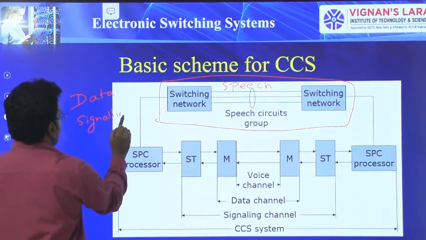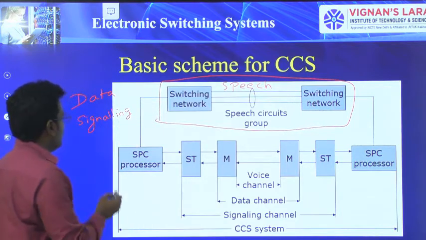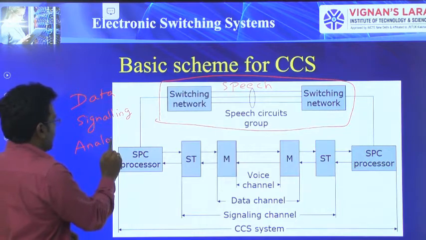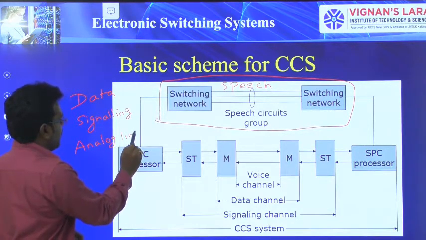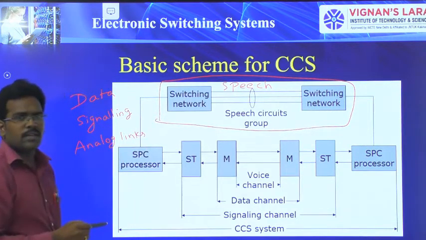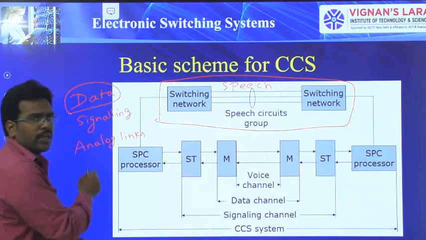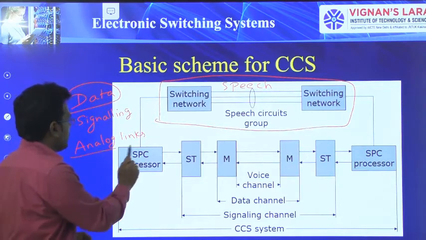Generally, we can transmit signaling with the help of analog channels, analog links. But for data transmission, you cannot use these analog links.